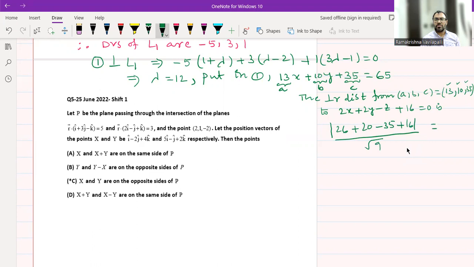So you will get 46, 72 minus 35, that is 27 by 3, equal to 9.